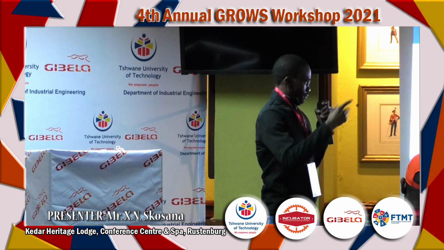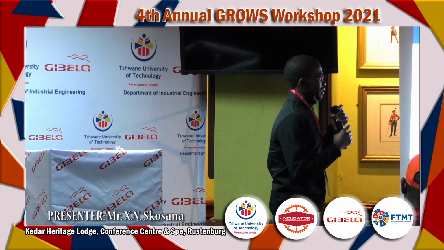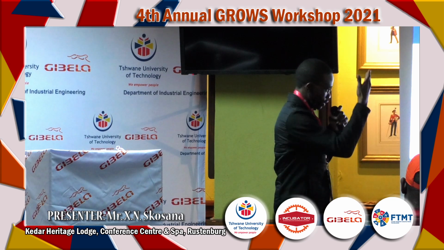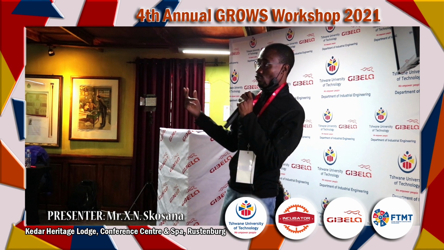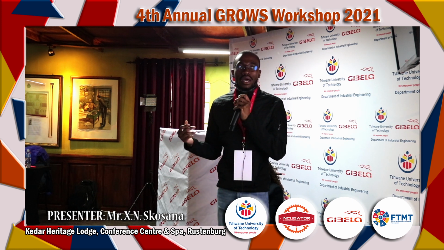Going into detail now, it's a pity you can't see this, we developed interfaces for allowing all those use cases, including the training mode. A person can say whether they want to learn or be assessed, and when the person chooses learning, there are instructions. The person can log in, and it captures the person's details, and then we can track the operator as they are improving in their training.